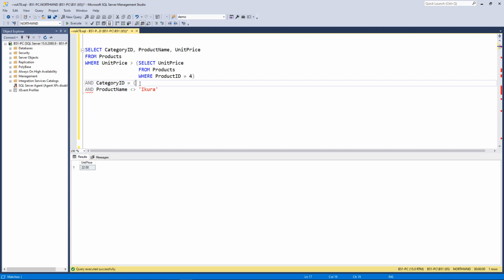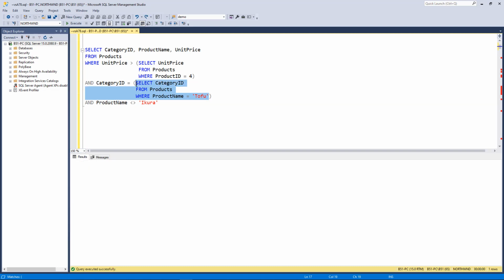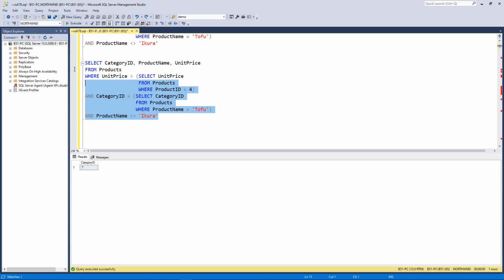We open parentheses, insert it, and now we have 7 in the subquery. If we run all this together, we get both of the filters. Filter 1, the unit price is higher than 22, and the filter 2, that the category ID is the same as tofu. All the products are from category ID 7, and we don't have the product name Ikura.